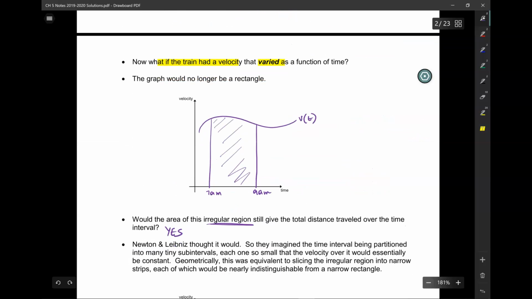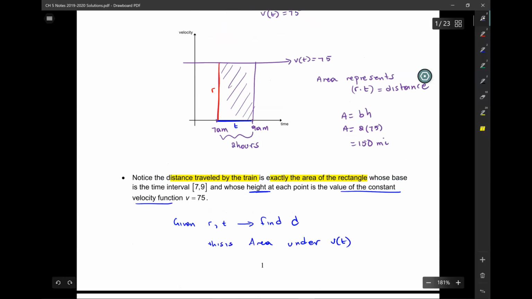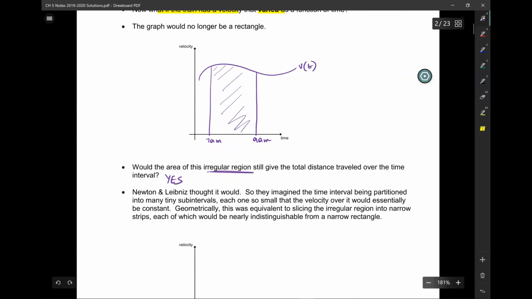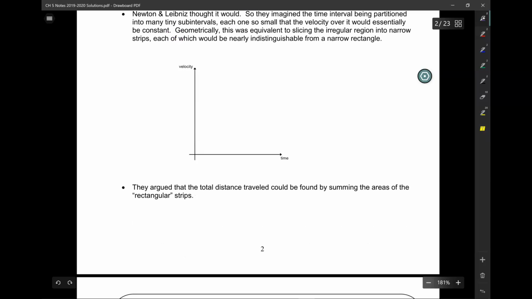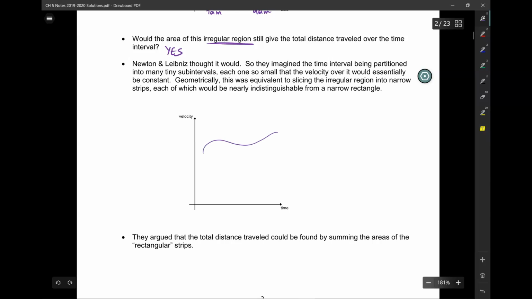So, Isaac Newton and Leibniz, who both, I've gone over this, independently, they wrote all of calculus. What they did is this. They said, okay, if I could do it when it was one big rectangle, what I can do here is partition this into tiny, tiny pieces.